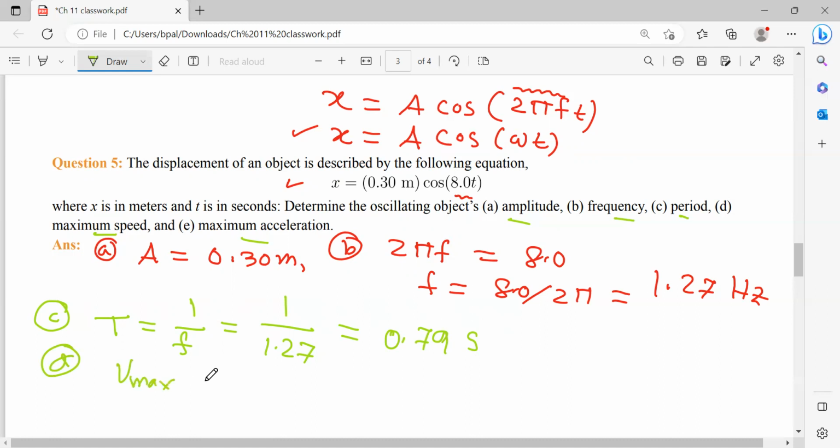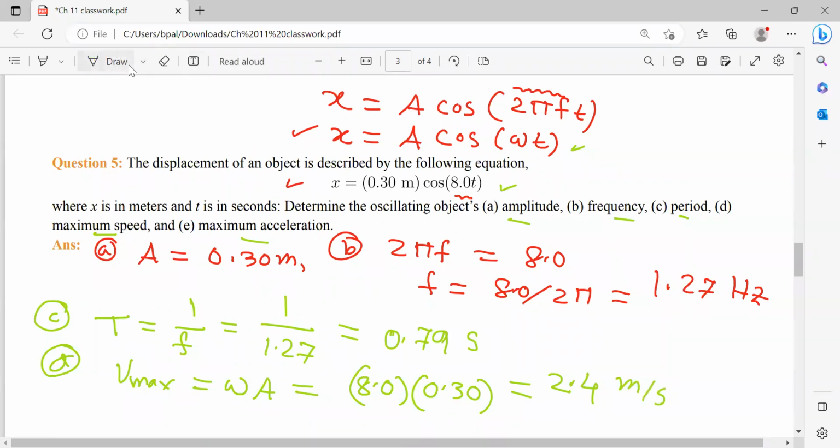And then D is the maximum speed. V max is omega A, right? Omega, if you compare this equation and this equation, is basically equal to 8. So 8, and A is equal to 0.30, right? So this tells us that V max is equal to 2.4 meter per second.